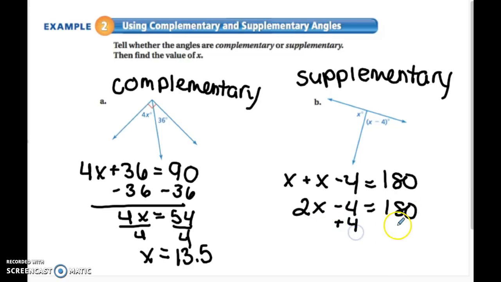Add 4 to both sides. 2x equals 184. Divide by 2. We get x equals 92. So x equals 92 in B.